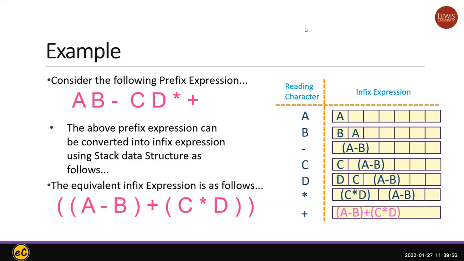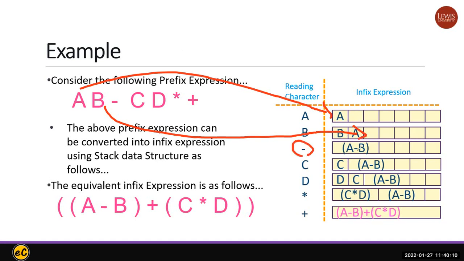So this one is the way that you actually convert a postfix expression into an infix expression. So let's look at this one. You look at A, you directly put it in here. You put C, B, okay. So next one you see a minus, right? You pop them out, and then you create this and push into your infix expression. Then you see C and D, you put them in, and then you see a times, and then you pop them out, and then you times them together, and you push them back to the head, so you have this one and this one.